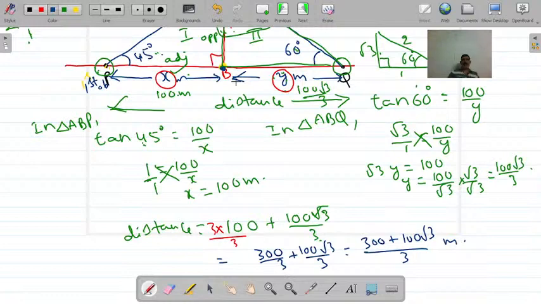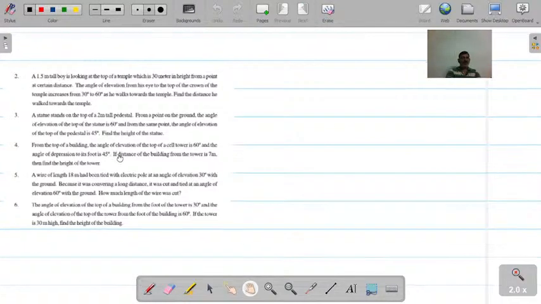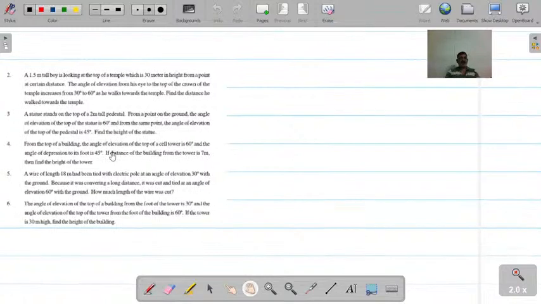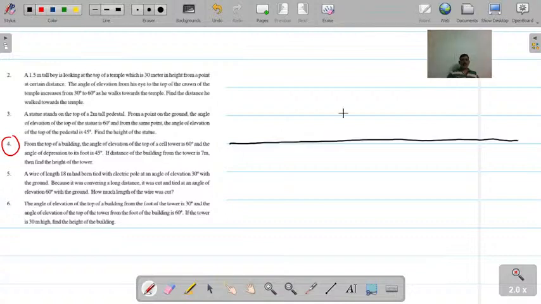Okay, now first in this I want to consider this problem. You observe this from the top of a building. So here the first thing is you have to consider a horizontal line. Now where is the observer? From the top of a building.